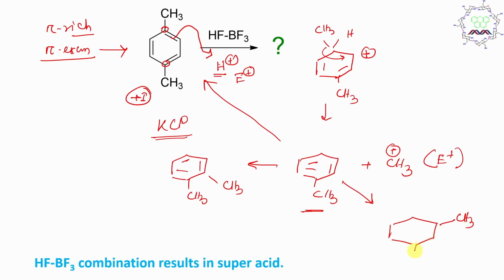Now question, why? If I ask who is more reactive between orthoxylene, paraxylene versus metaxylene, I would say ortho and para are more reactive, because each methyl group increases the electron density at the other's ortho and para positions. But in this case, these two methyl groups are meta to each other.